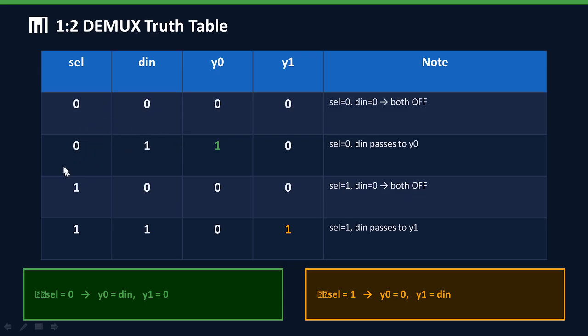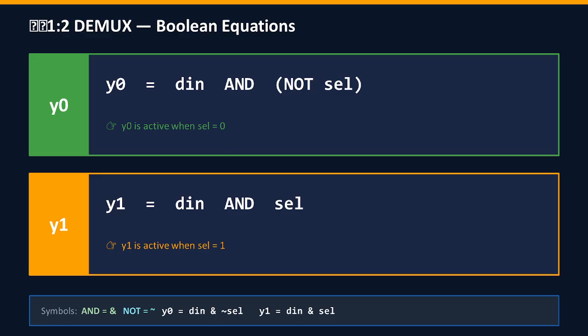If select is NOT, meaning inverting, 0 to 1. Now it becomes 1, and our operation of select with D in becomes 1 and 1. 1 AND 1 becomes 1, right? Now you are getting the truth table value, right? So this will be your final boolean equation.